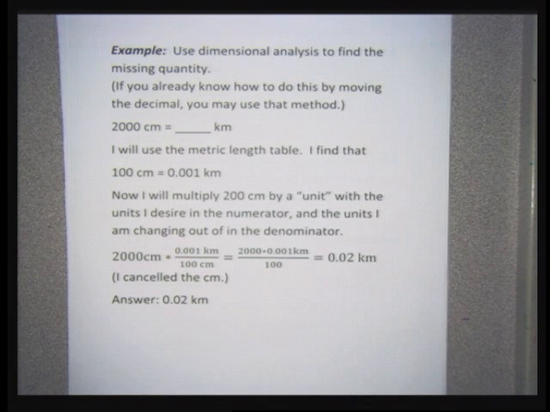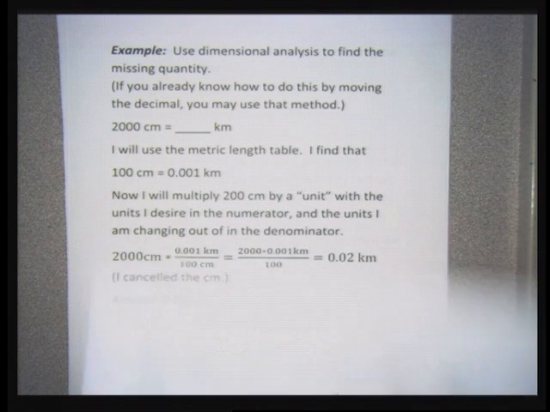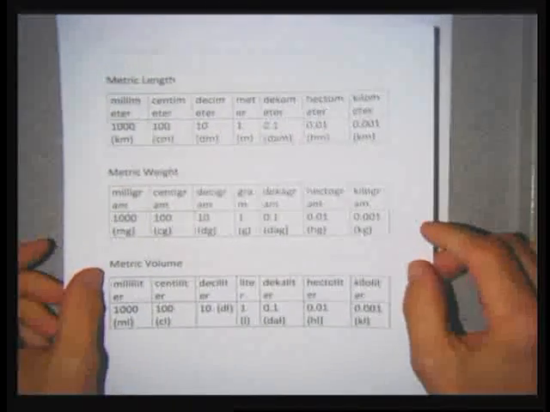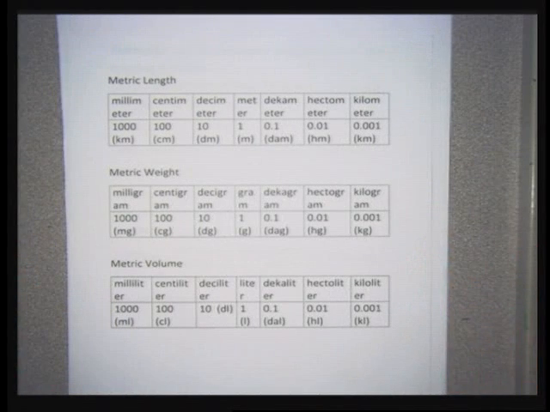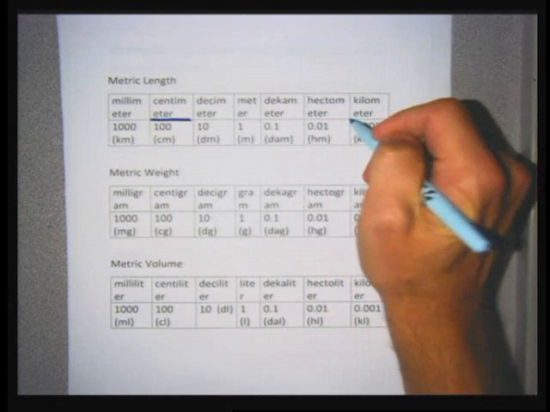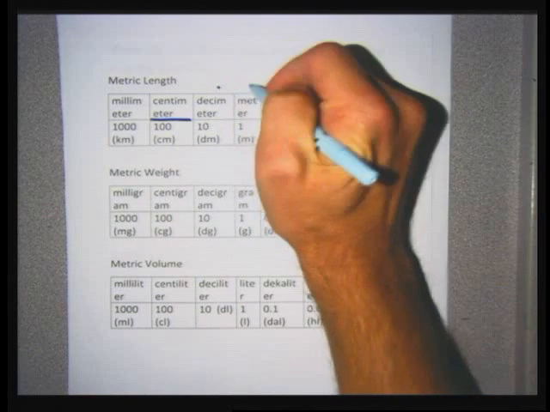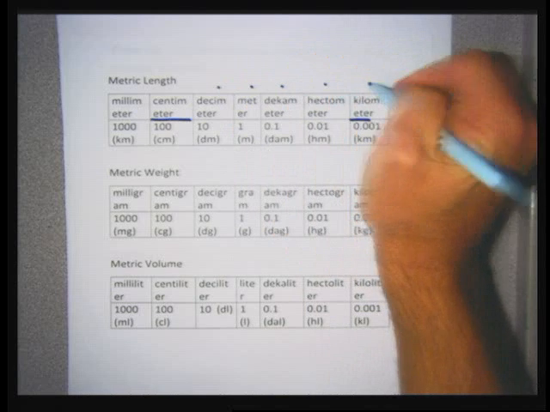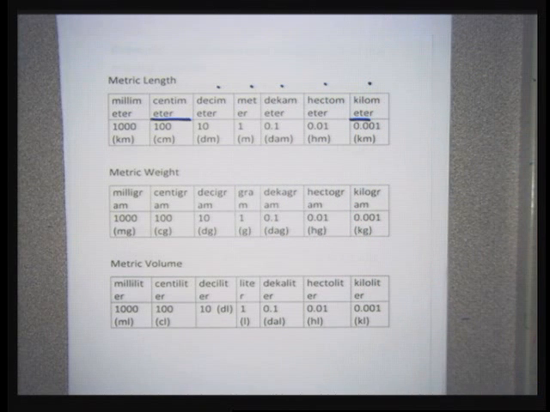So to convert from 2,000 centimeters to kilometers, I find on my chart centimeters and kilometers. They are 1, 2, 3, 4, 5 steps apart. So to convert from centimeters to kilometers, I'm going to need to move my decimal, and the number of places I'm going to move my decimal is 5 because they're 5 places apart, and I go the opposite direction.